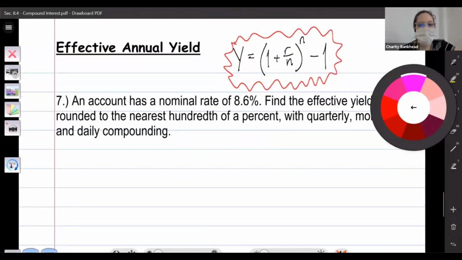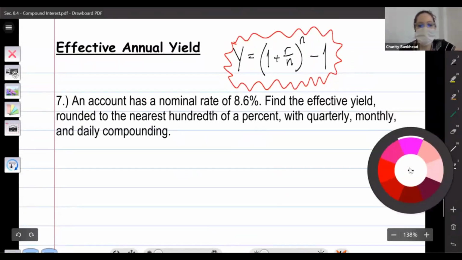Okay, so effective annual yield. So an account has a nominal rate of 8.6. So nominal means like the name of something, like they're naming you a rate of 8.6. So that is what they're actually using to calculate your interest, if it's like a savings account or something.